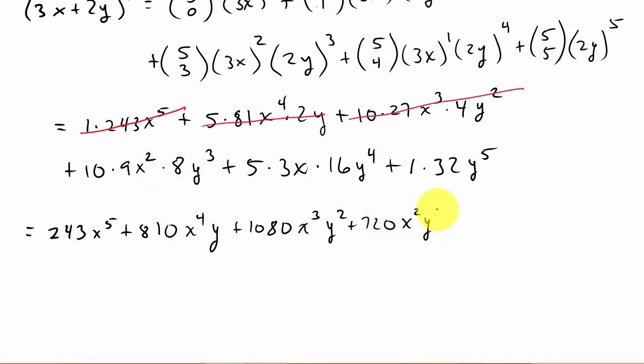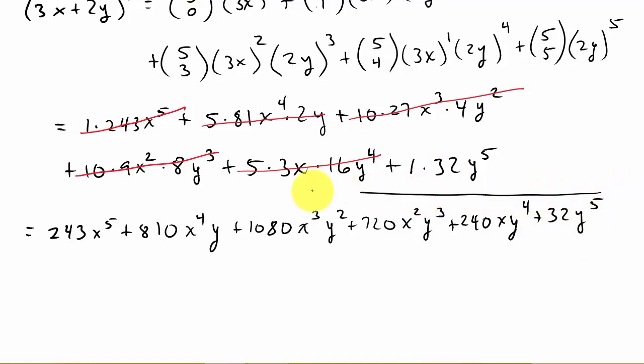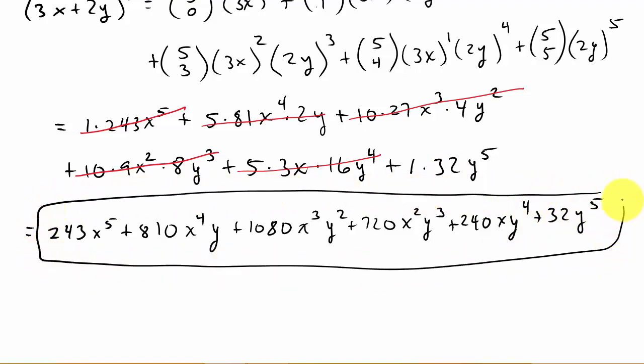So we did this one, and then we've got 5 times 3 times 16, so 15 times 16 is 240, so plus 240, and that's going to be x y to the fourth. So that one we calculated, and then here we just have plus 32y to the fifth, and this is your answer.